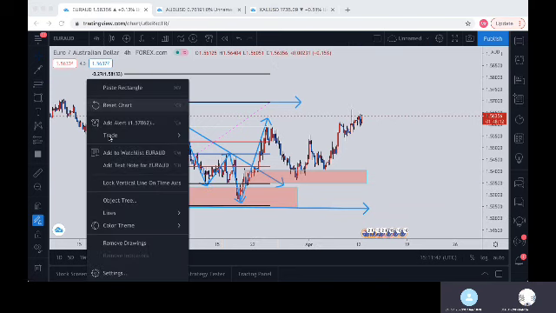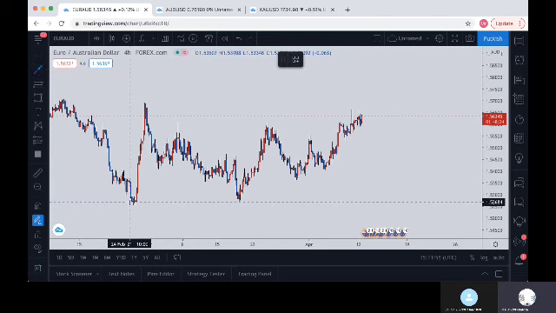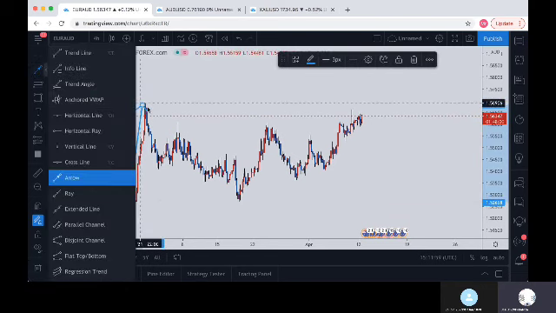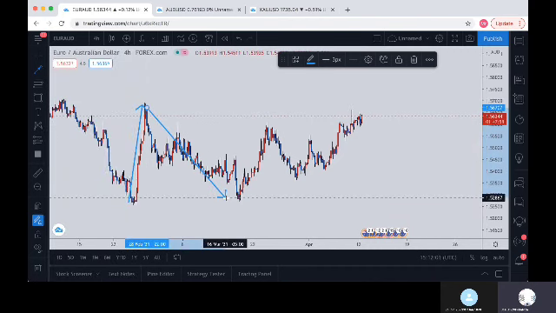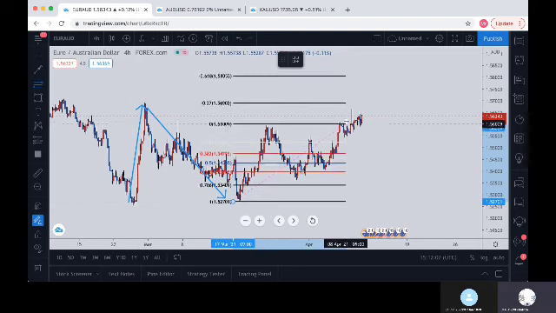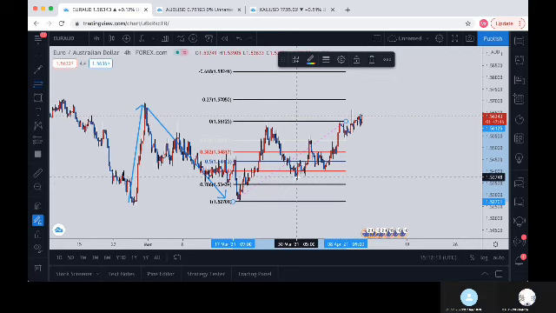Yeah, because every time you start the second one, your Fibonacci should always be on the previous move, right? So if you have this move, but this move already happened, if you already missed this entry here, then you have your Fibonacci here, right? Like right here, because this is the previous move, right?